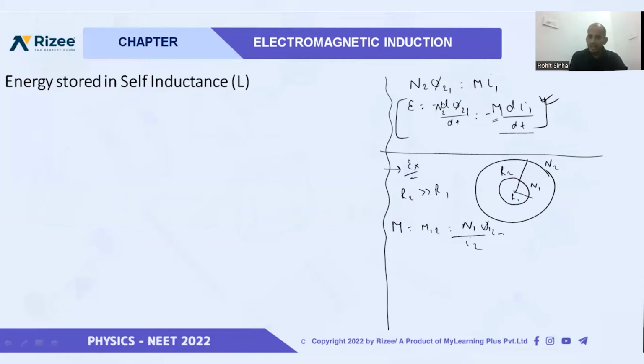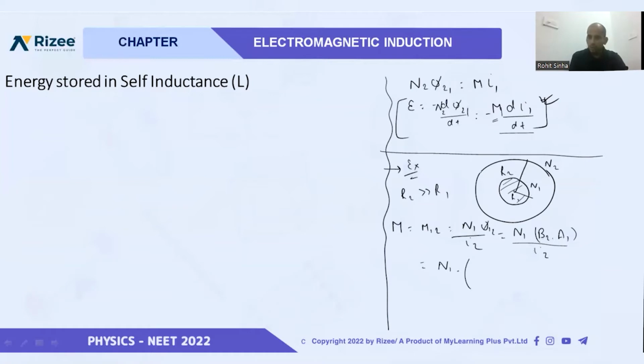We can say N1 into φ12, the flux linking with the first coil due to the second coil. For φ12, we can write B2 into A1, by I2. So N1 into B2, the magnetic field at the center of the second coil.